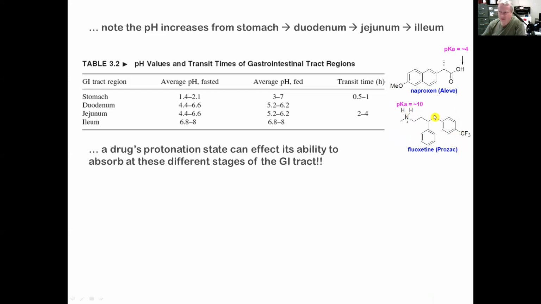If we envision fluoxetine itself with just 1 proton, what's the pKa of that? Anybody know the pKa of an amine? Big number, small number? Or like ammonia, what's the pKa of ammonia? It's huge.